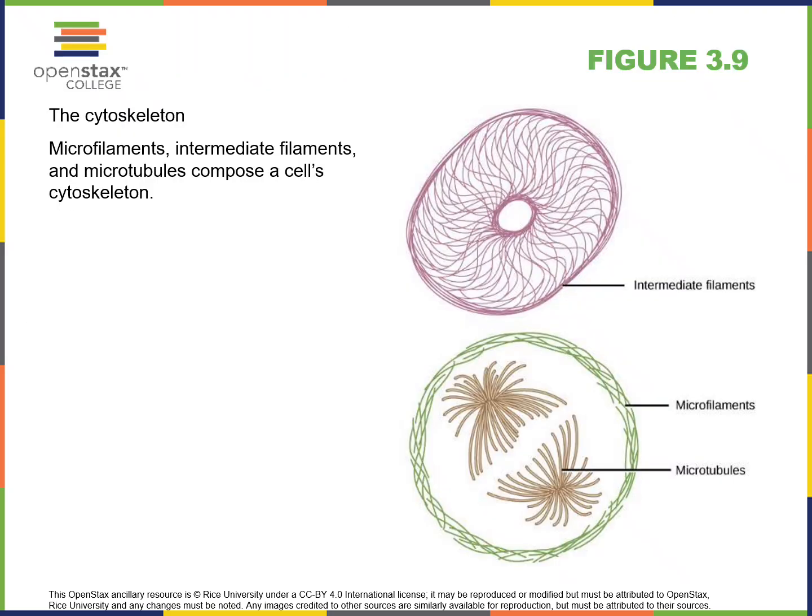Okay. The cytoskeleton, made up of 3 different kind of parts to it, are the microfilaments, the intermediate filaments, and the microtubules.